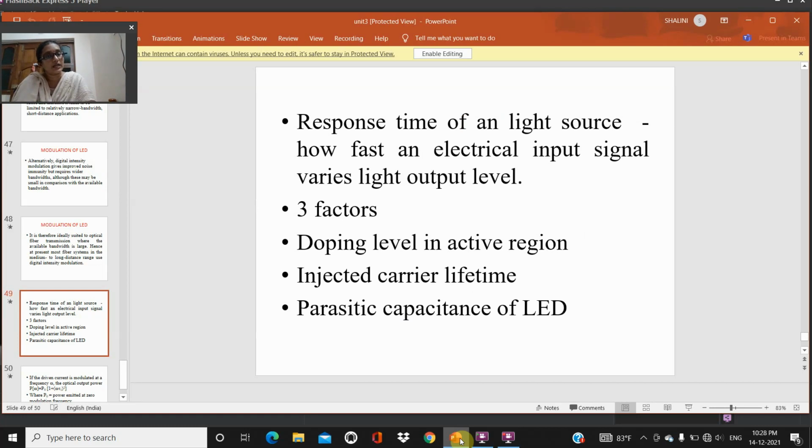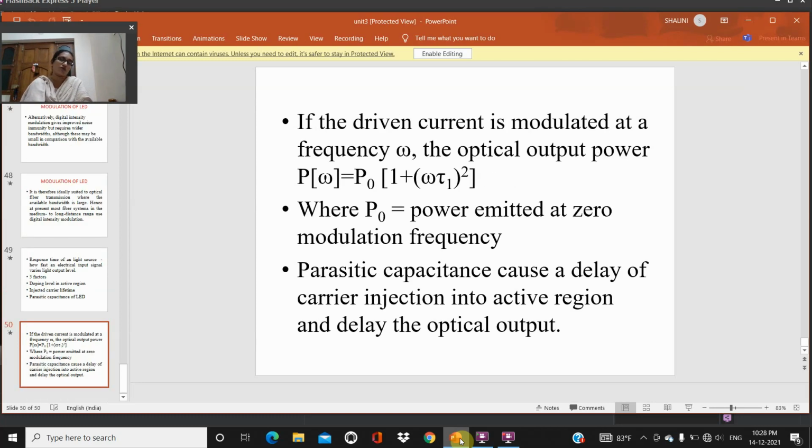The response time of an optical source is how fast an electrical input signal varies the light output level. There are three factors: doping level in the active region, injected carrier lifetime, and parasitic capacitance of the LED.